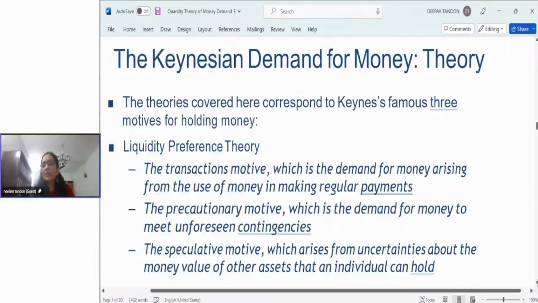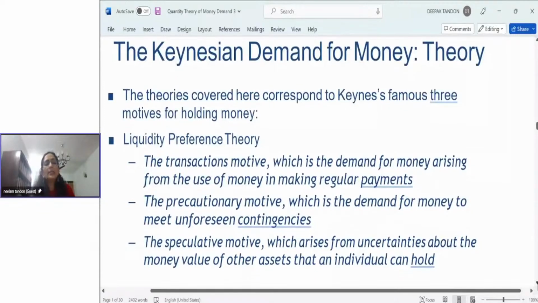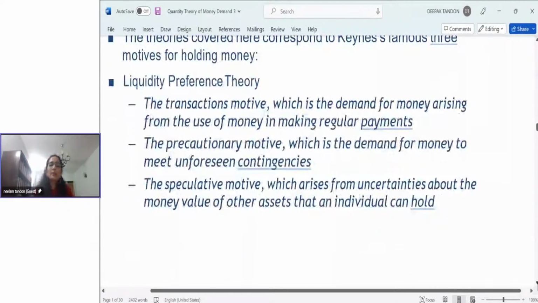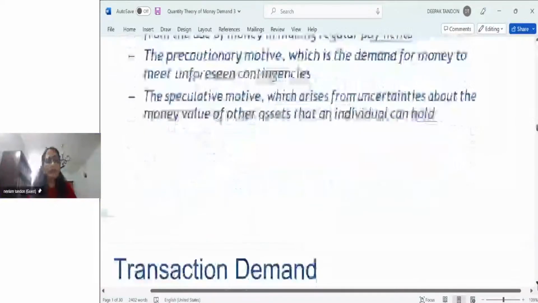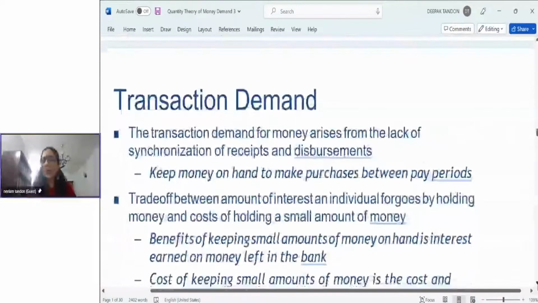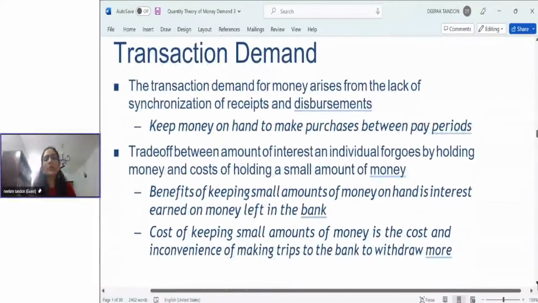So how is Keynes's theory different from others? Keynes has further fragmented, or given more precision to, money demand: money demand for the transactive motive, money demand for the precautionary motive, money demand for the speculative motive. I've already shared what the transactive motive is.